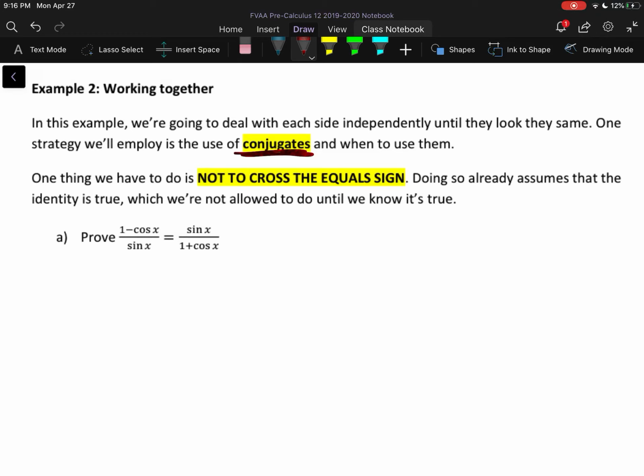One thing we have to do is not cross the equal sign. Okay, you can't multiply something on both sides to cancel things out. Whatever you're simplifying on the left-hand side, that algebra needs to stay on the left-hand side, and same thing on the right-hand side. Doing so already assumes that the identity is true, which is not allowed until you know that it's true.